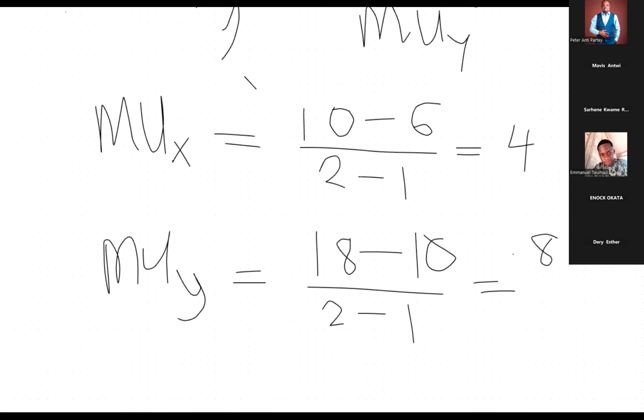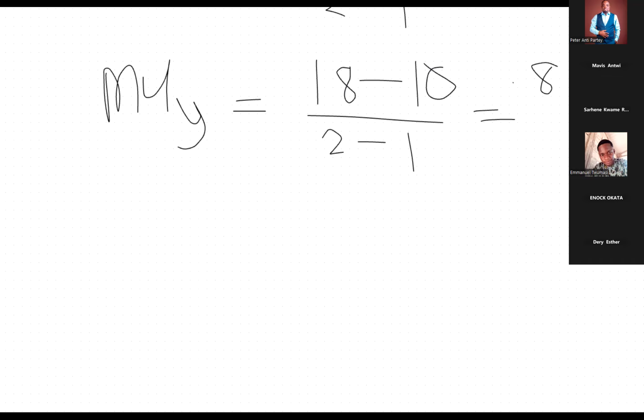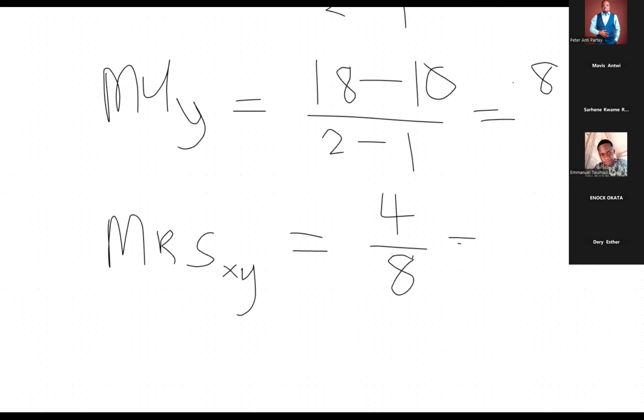All right, so MRS for commodity X for Y is giving us 4 over 8. And that is what? 0.5, right? That is 1 over 2. So that is equal to 0.5.